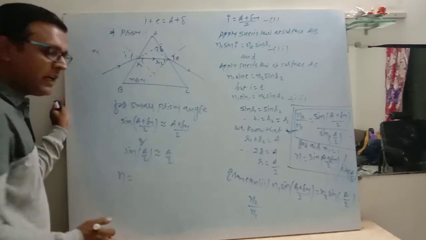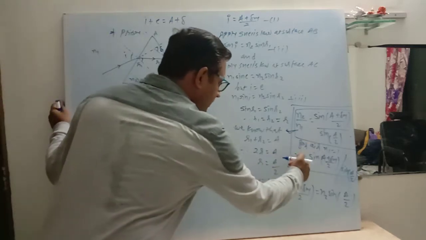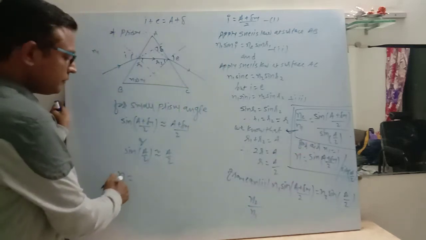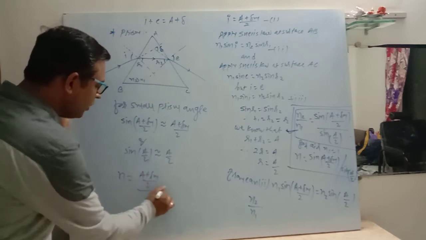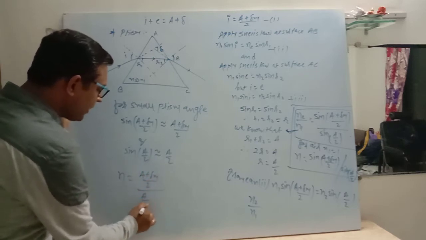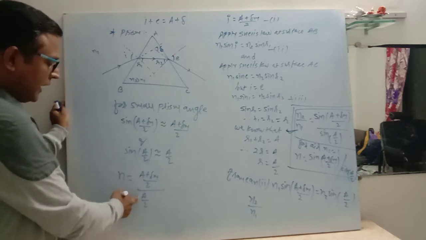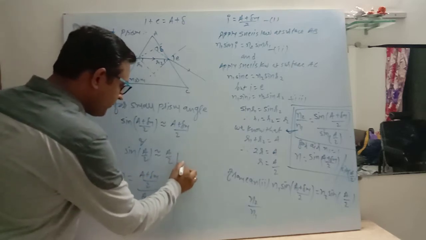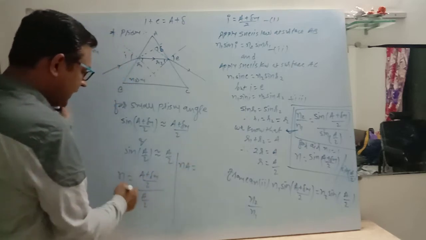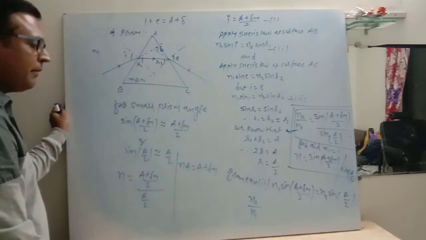Then what we can say about the equation of refractive index of the prism with respect to air? A plus delta m by 2 upon A by 2. 2 will be cancelled. जो A है वो यहाँ पे मल्टीप्लाई में आ जाएगा, मतलब eta A is equal to A plus delta m.